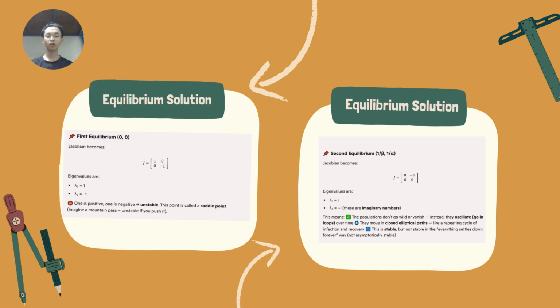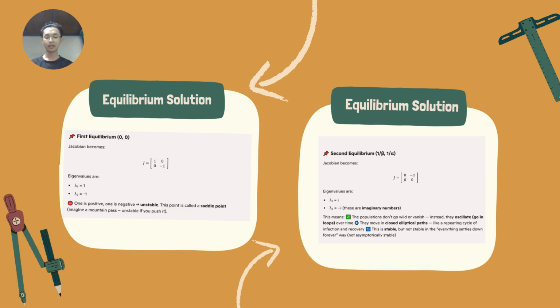Now we move on to the second equilibrium, where the first coordinate is 1 over beta and the second is 1 over alpha. The Jacobian becomes [0, -alpha; beta, 0]. So the eigenvalues are lambda 1 equals i and lambda 2 equals negative i, where i represents the imaginary number.